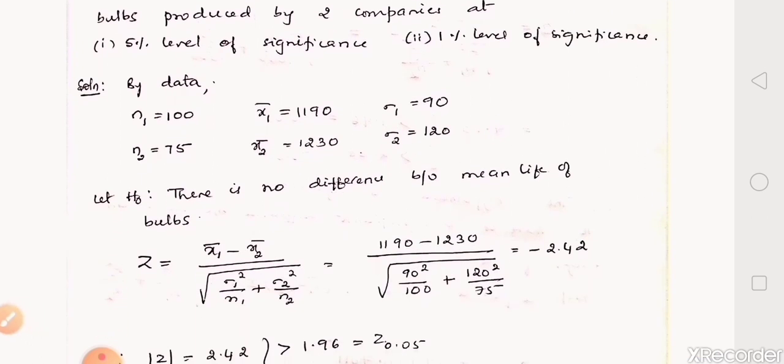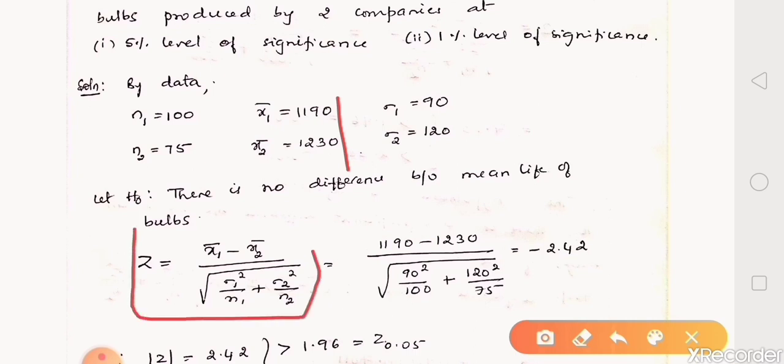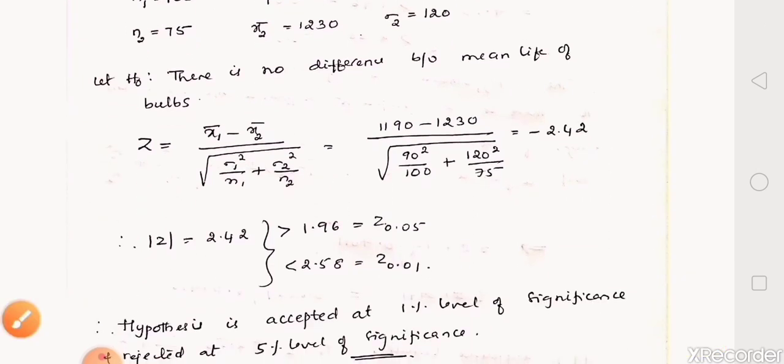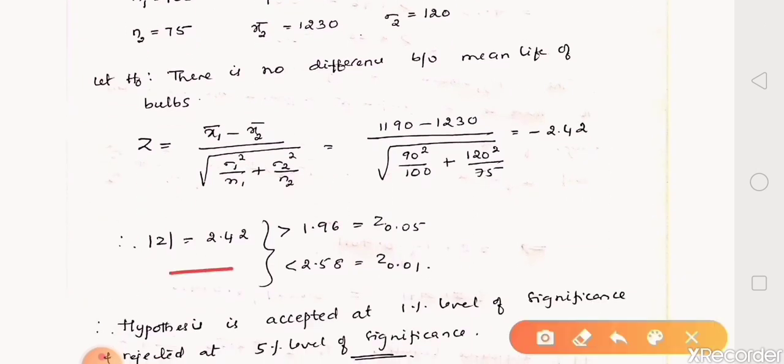Since we have two different values for means, z is equal to x1 bar minus x2 bar divided by square root of sigma 1 square divided by n1 plus sigma 2 square divided by n2, and it is minus 2.42 on simplification. Taking mod z, it is 2.42.